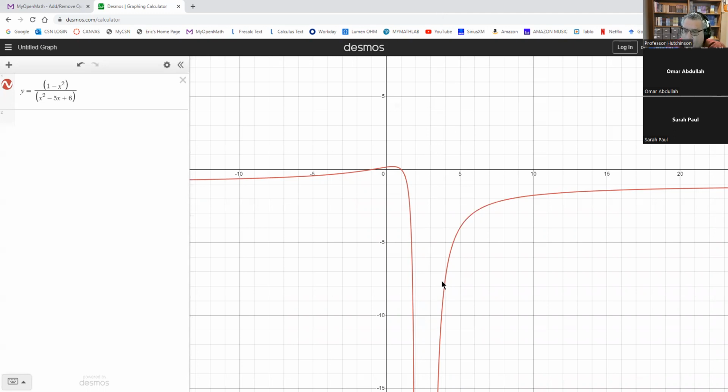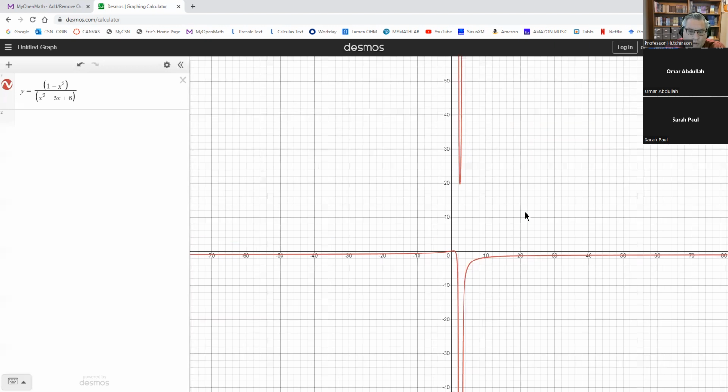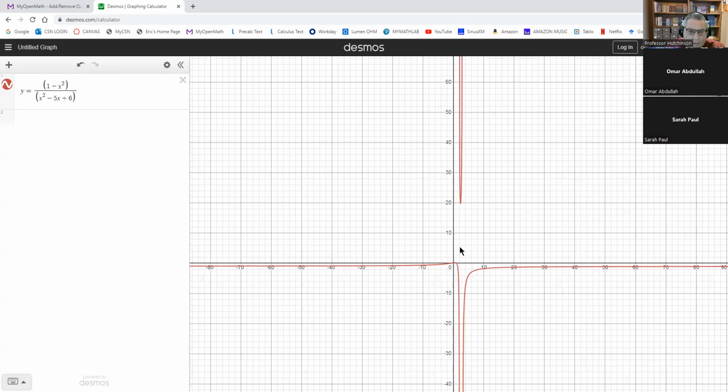We said there's one at 3, and there's also one at 2. Now if you zoom all the way out, you can see a little of what's happening. This would be at 2 and the other one's at 3. It's hard to tell unless you zoom all the way out, because 2 and 3 are close together. We have this tiny U shape on top that's kind of wedged in between.